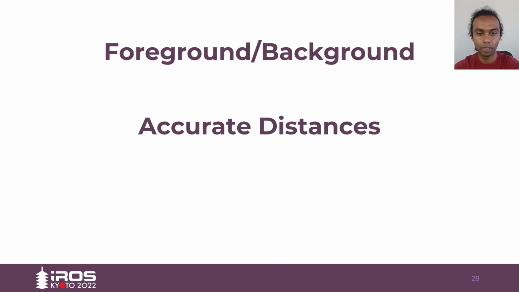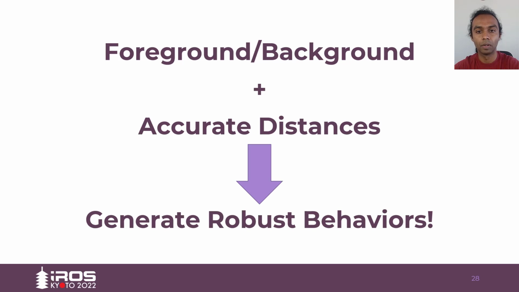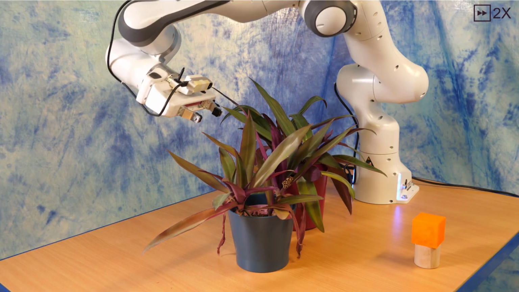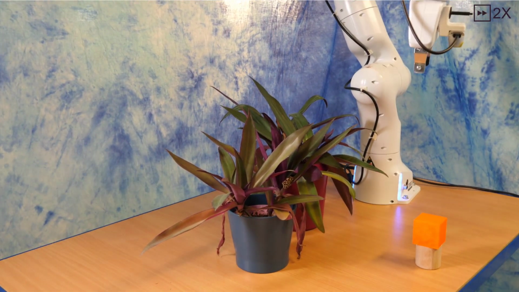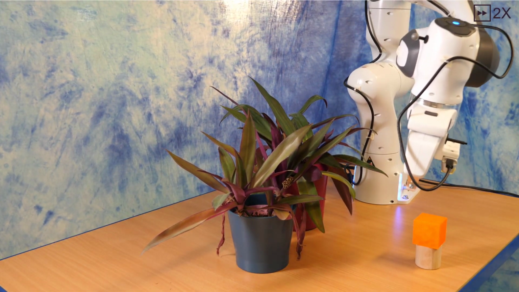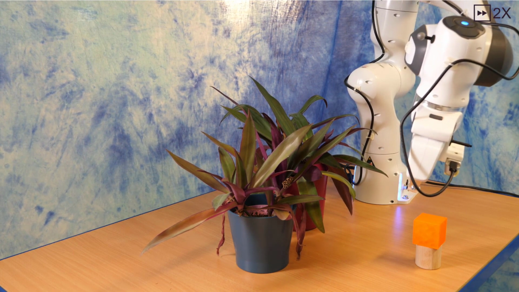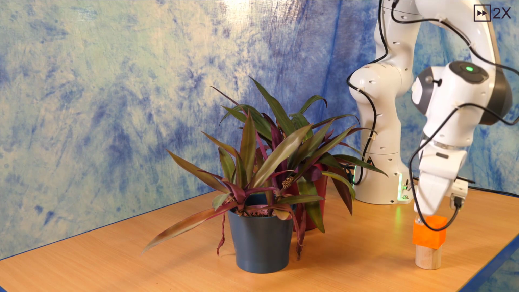Alright, so far we saw how fixation helps uncover useful information. We can use this information to generate robust robot behaviors. We can make a robot pick up objects without prior knowledge of its size, and on its way, it can avoid complex obstacles while continuously and accurately measuring distances to the target object.